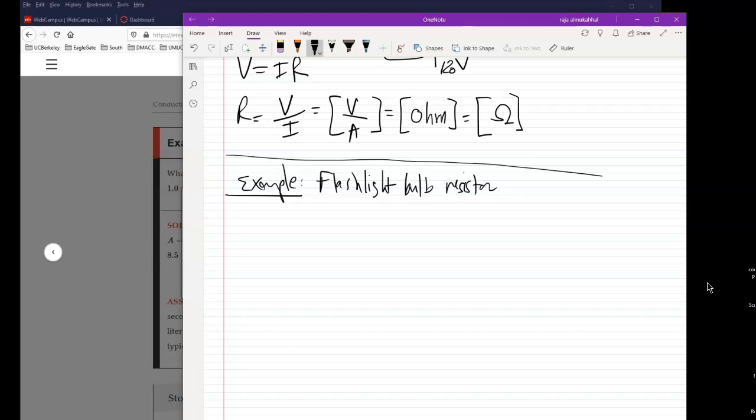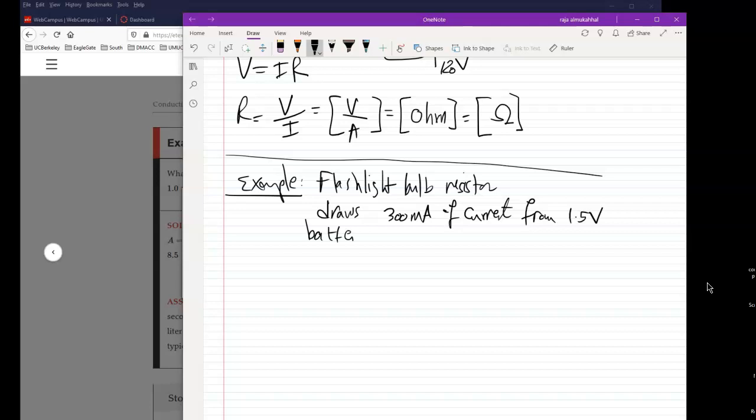In other words, the bulb itself plays the role of the resistor. Let's say that the flashlight draws 300 milliamp of current from a 1.5 volt battery.